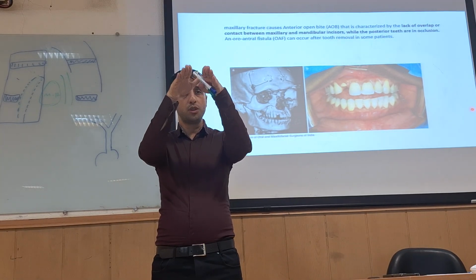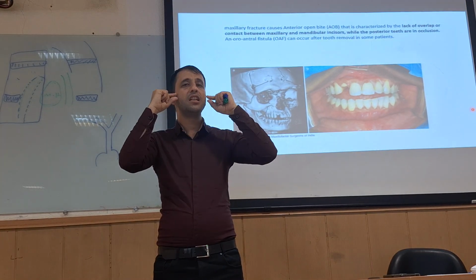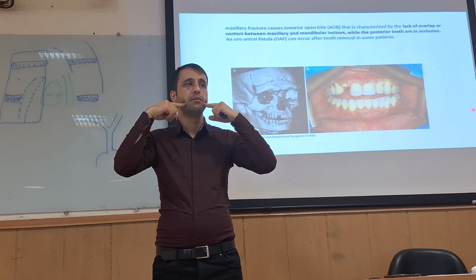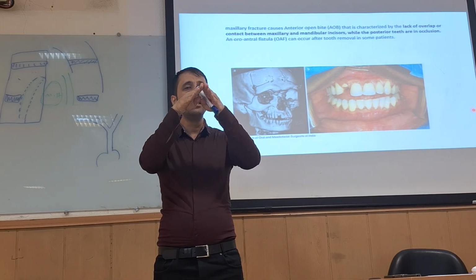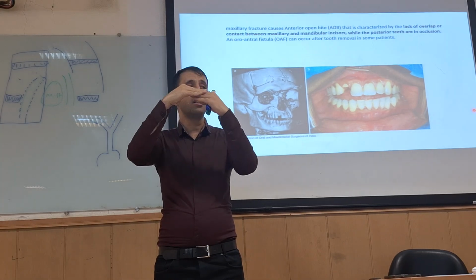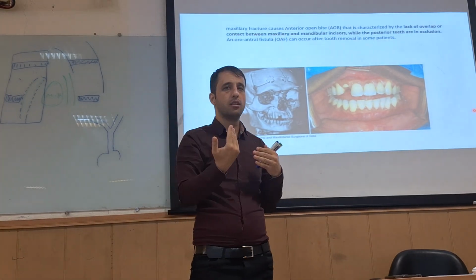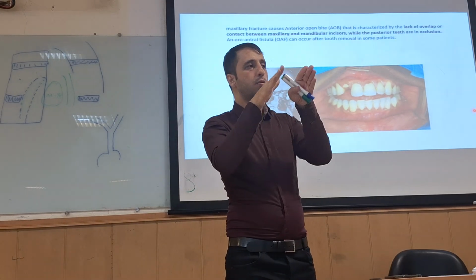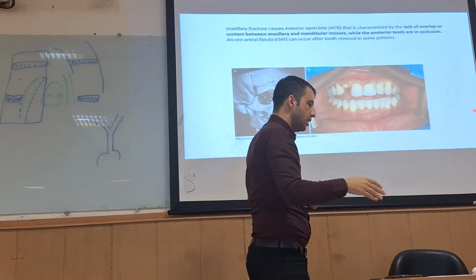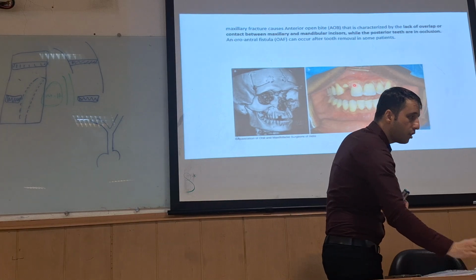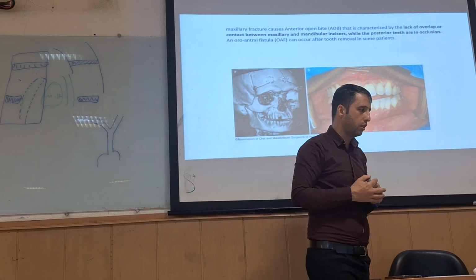It means that posteriorly, the posterior teeth, the molar teeth, connect to the molar teeth of the mandible. But anteriorly, they cannot connect together. It is named anterior open bite. Okay? Anterior open bite, which you can see here, is a sign of fracture of the body of the maxilla.